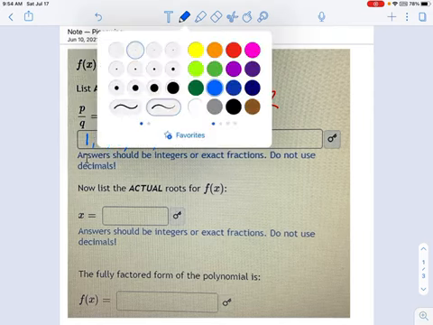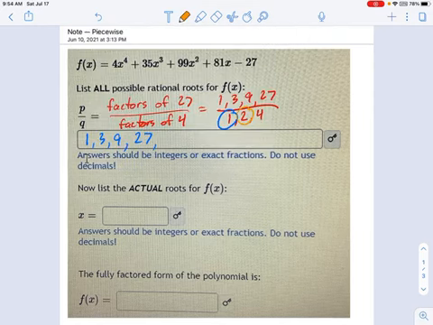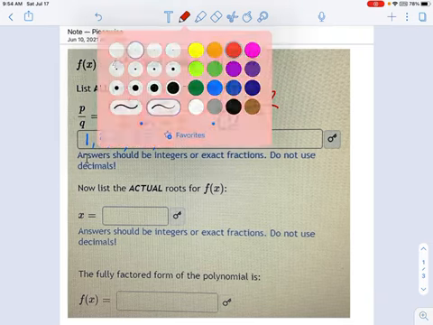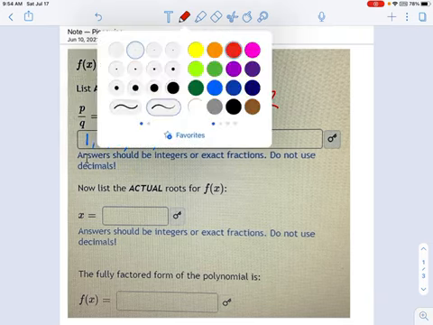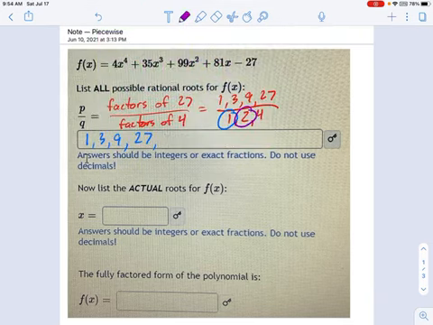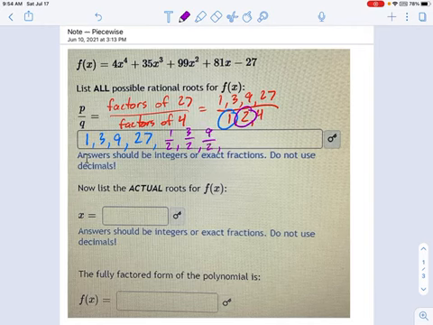And then we're going to look at dividing everything by 2. So I have 1/2. I don't like this color. Hold on a second. Oh, great. There goes my 2 also. All right, so let's do purple. That shows up a little easier. So I have 1/2, 3/2, 9/2, and 27/2.